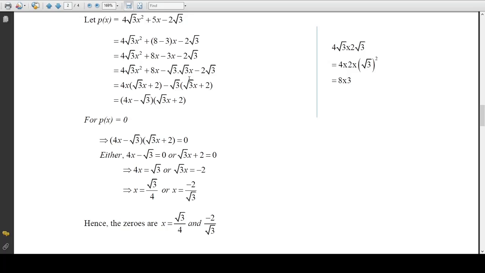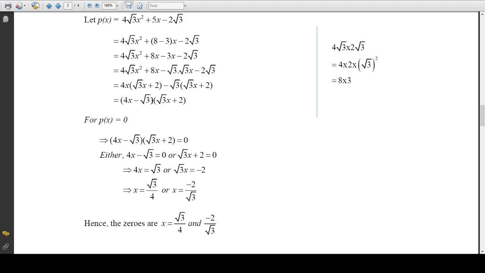Then you'll have root 3x. Since the minus sign is there, you have taken the minus sign. Minus with minus will be plus sign, isn't it? Then you have only 2 inside the bracket. Now look at the terms inside the bracket. You have root 3x plus 2, root 3x plus 2, which is the same. Therefore we'll write 4x minus root 3 and root 3x plus 2 only once.